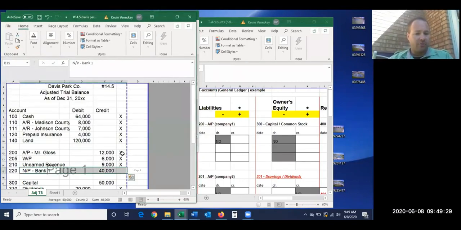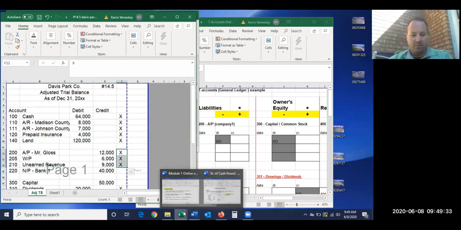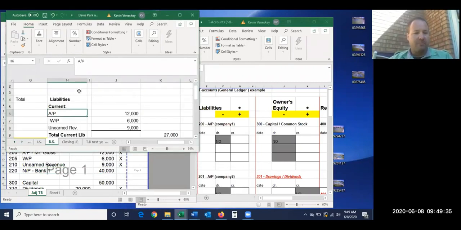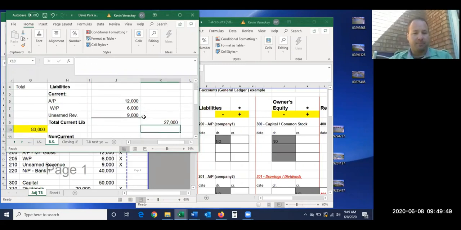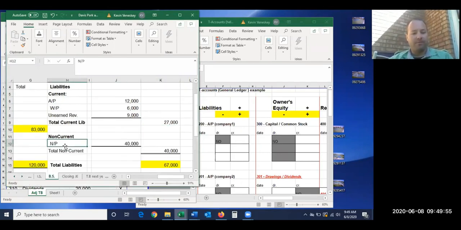Again, I was just going through and putting X's here, and now putting into my liabilities a subtotal and a total column again. And then putting in my non-current, my note payable.